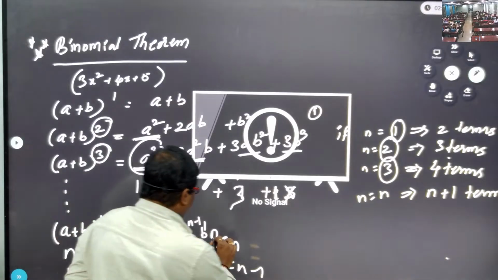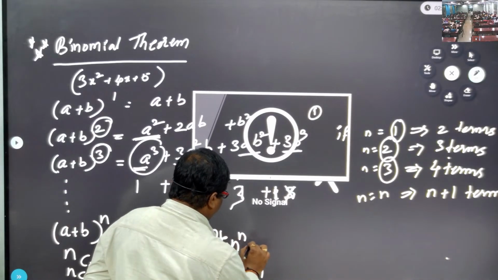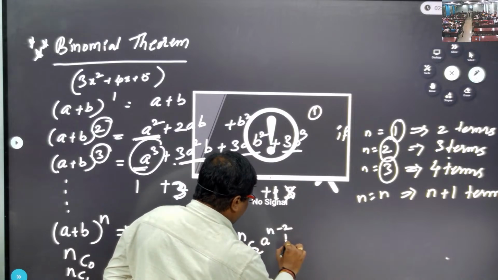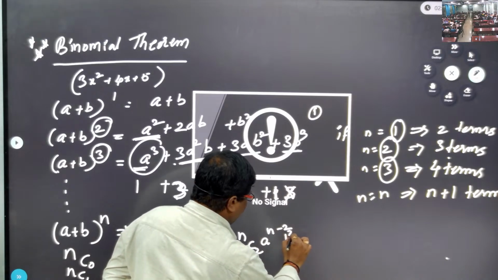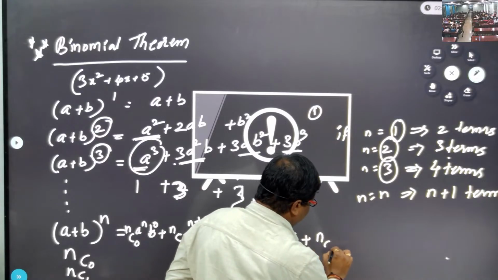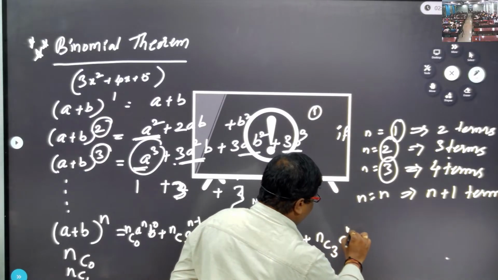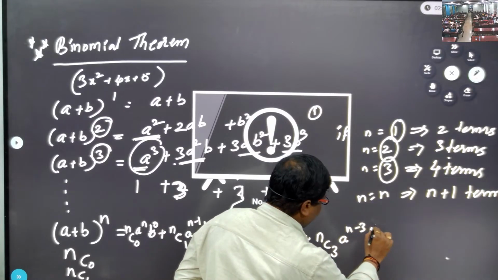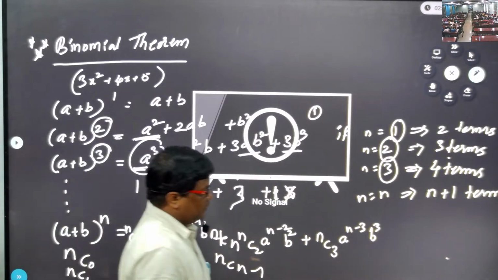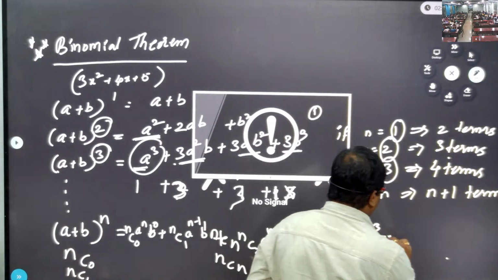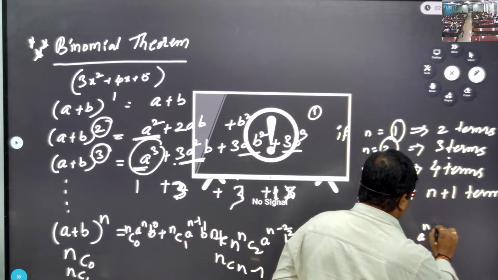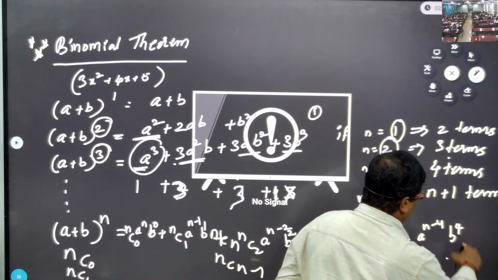Next, for NC2, a power n minus 2 into b power 2, plus for NC3, a power n minus 3 b power 3, plus for NC4, that is the 4th term, NC4 a power n minus 4 b power 4.